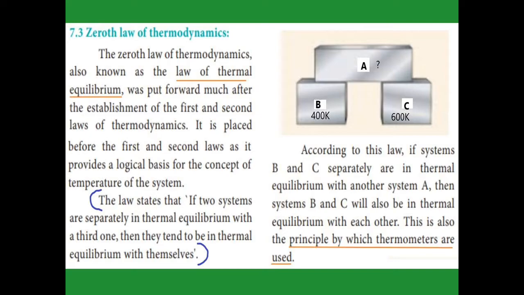Now see the law. If two systems are separately in thermal equilibrium with a third one, then they tend to be in thermal equilibrium with themselves. This is the zeroth law of thermodynamics, and this law is known as the law of thermal equilibrium, and this principle is what we use in the thermometer.